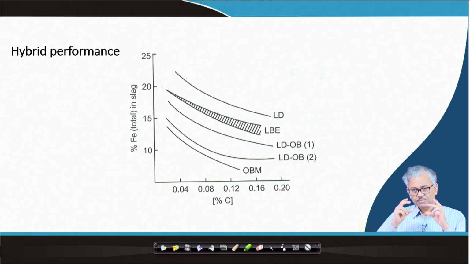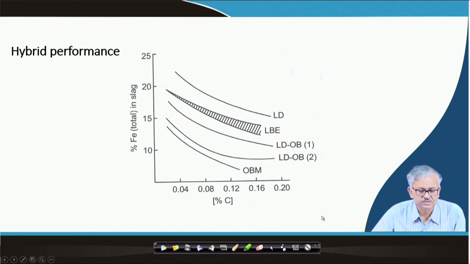Because the lower part of the LD furnace is weakly stirred, if you give inert gas purging, that helps in moving the process closer to equilibrium. That is, you can increase the partitioning of the impurities, as well as decrease the irregularities. Okay.